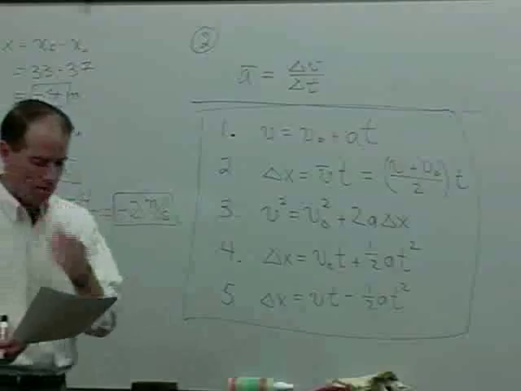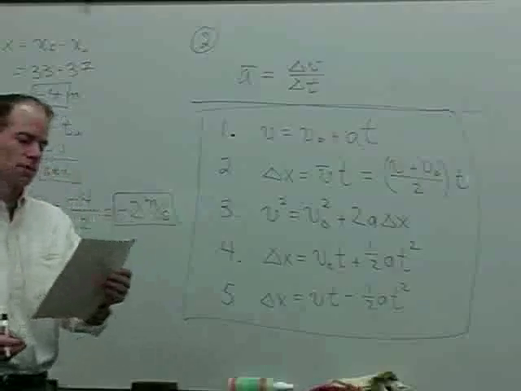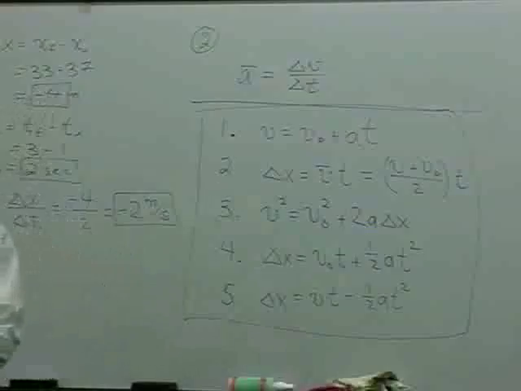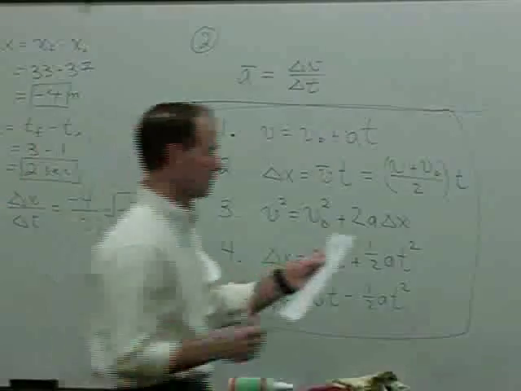So in this particular problem number 2, the bullet is fired through a board 14 centimeters thick, enters with a speed of 450 meters per second, emerges with a speed of 220 meters per second. What's the bullet's acceleration? What do I know? What is given in this problem? Initial velocity, final velocity. Trying to find acceleration.